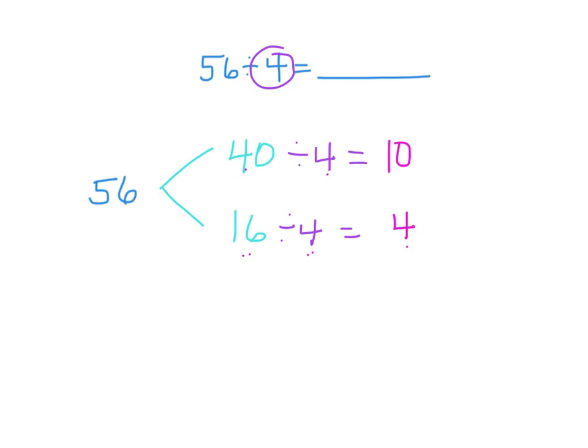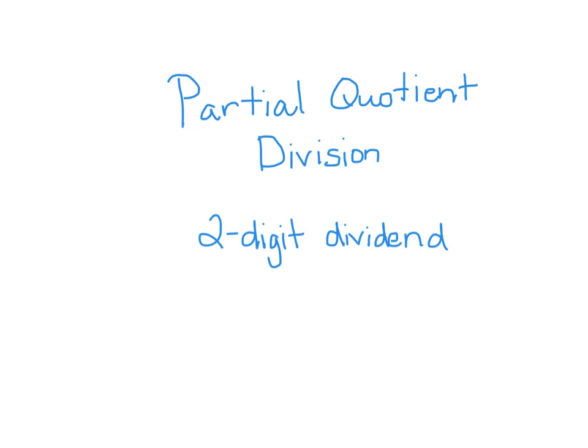I have my partial quotients. Add those together, and I get 14 as my final quotient. So this video lesson has been about finding partial quotients for division using two-digit dividends.